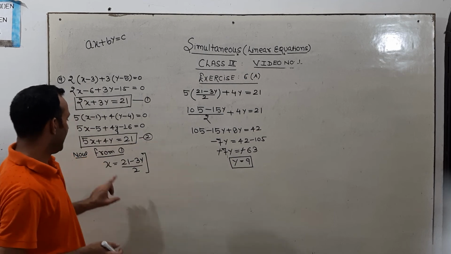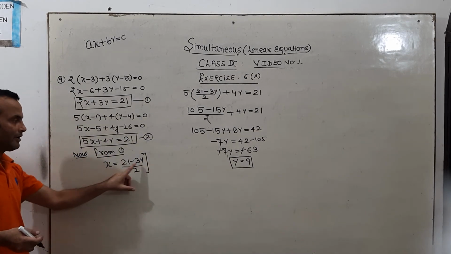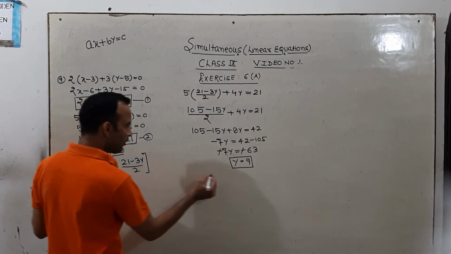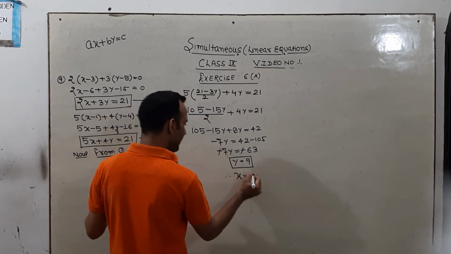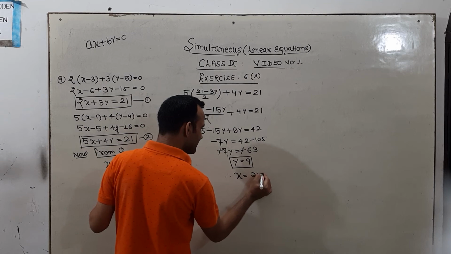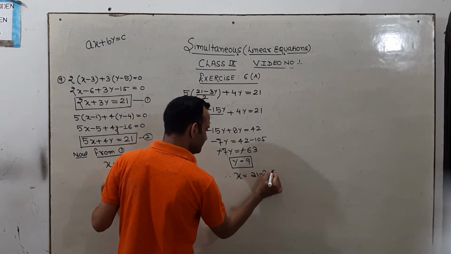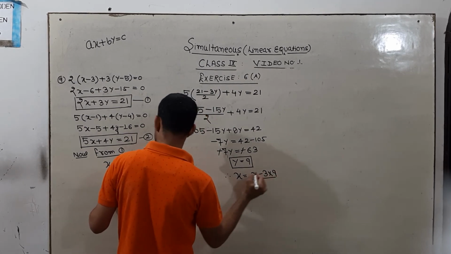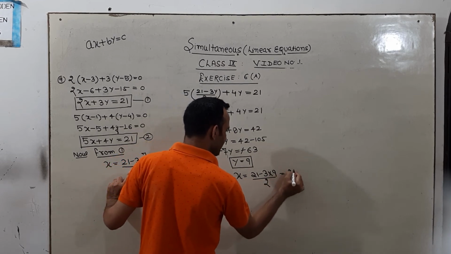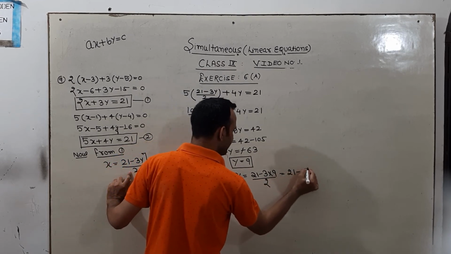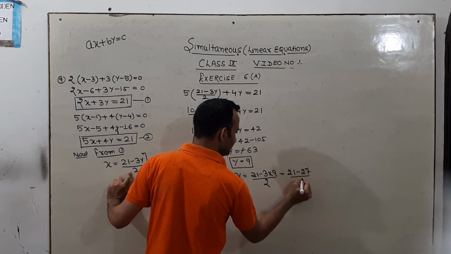Now what is x? X is 21 minus 3y upon 2. Therefore, x is equal to 21 minus 3y upon 2, which is 21. 9 3s are 27 upon 2.